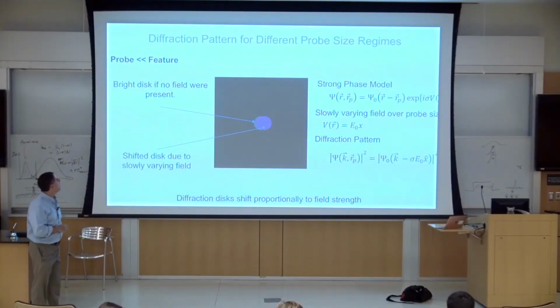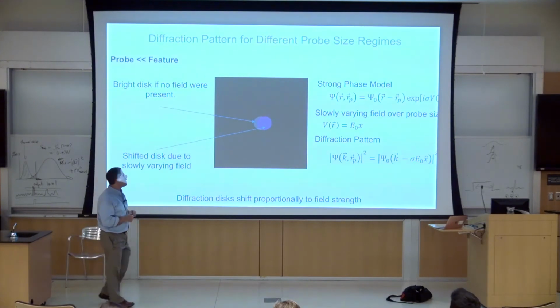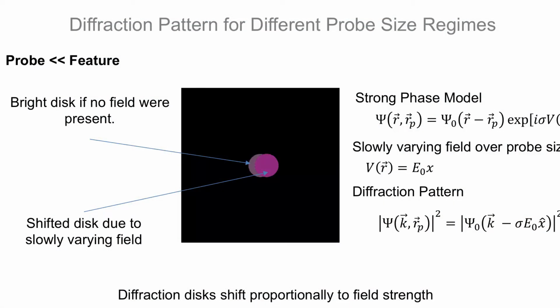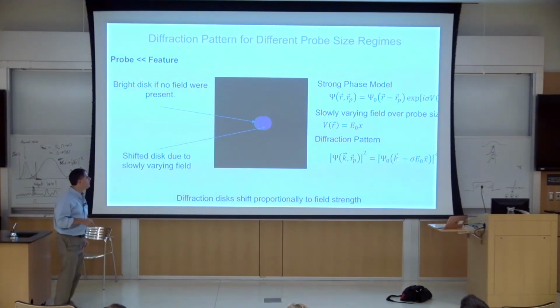5 minutes. Okay. So very quickly, if I have a diffraction pattern and I put it in a very slowly varying electric field, then the potential V of R is E times X. If you Fourier transform a ramp function, it leads to a shift in diffraction space.